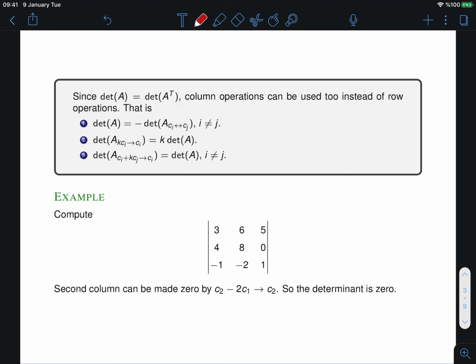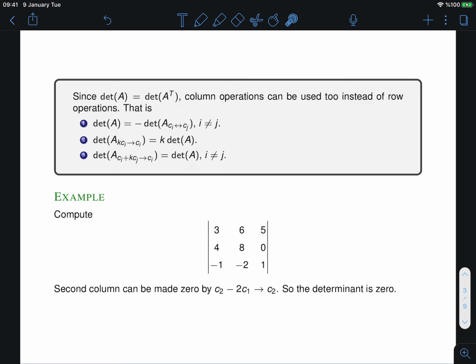Okay, so in the last lecture we have seen that the determinant of a matrix is equal to the determinant of its transpose, right? So this justifies the fact that column operations can also be used instead of row operations when computing a determinant. What I mean by this is, we have seen that if we swap two rows, then the determinant is multiplied by a negative sign.